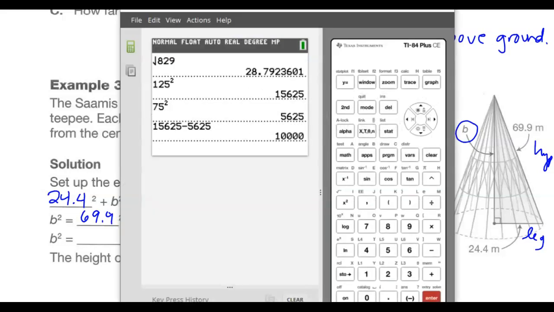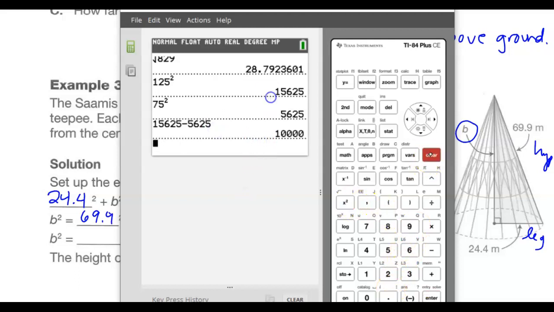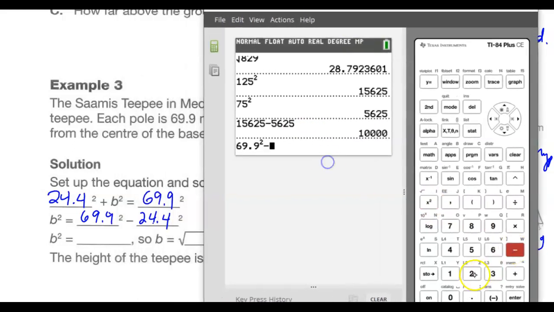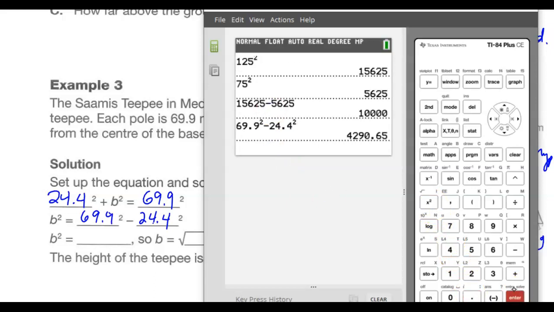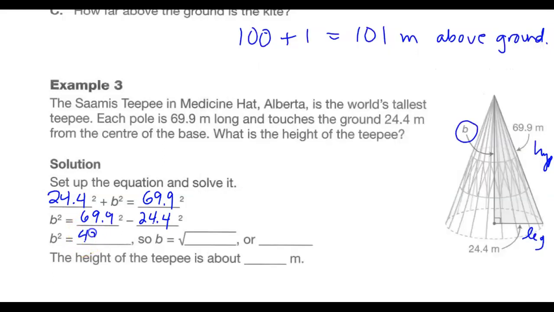So in your calculator, 69.9 squared minus 24.4 squared. That's going to be 4,290.65. Now we're going to take the root of that.